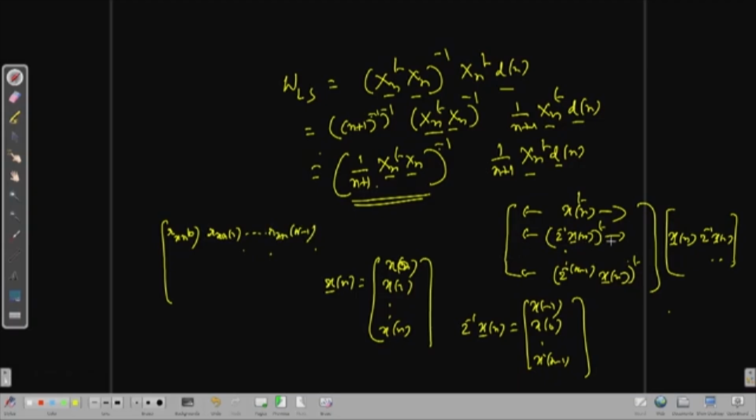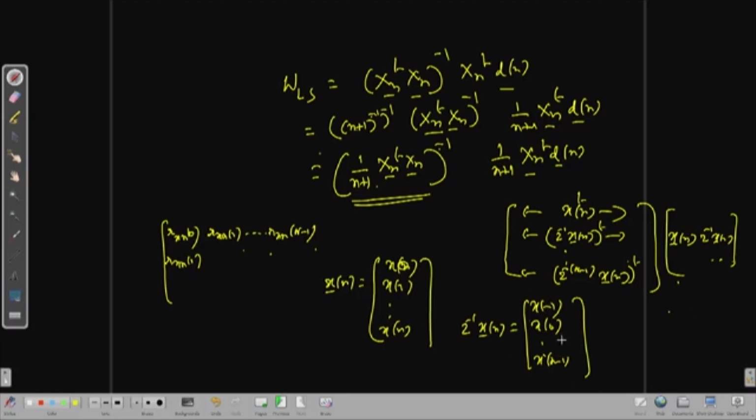Similarly, this transpose xn is the same as xn transpose Z inverse xn, they are the same. So this also will be Rx1. Then Z inverse xn transpose with itself means this vector with itself.